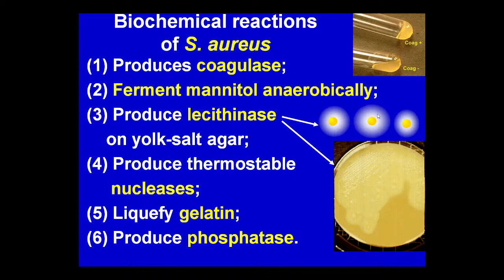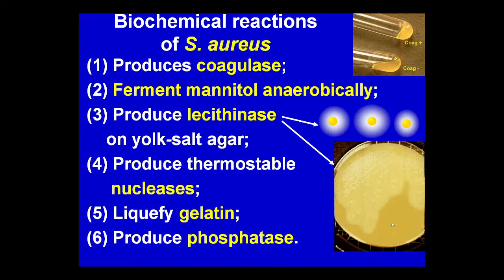And then you can see the opaque halo around bright yellow colonies, or you can see the opaque halo along the streaks or around the colonies of Staphylococcus.